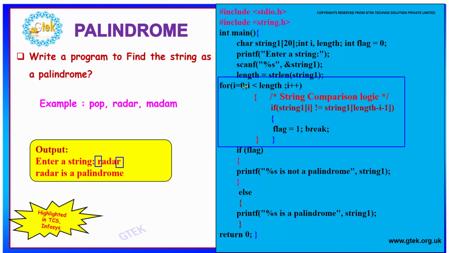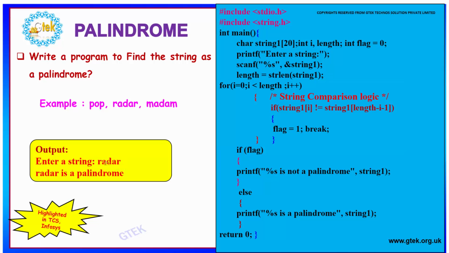So our string1 of 1 is nothing but A, and string length is 5 minus 1 minus 1, which is nothing but 5 minus 2, that gives you 3. So your third position, 0, 1, 2 and 3, is nothing but A again, and these two are equal.